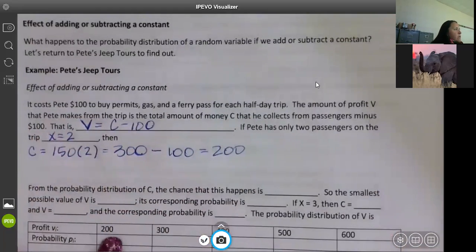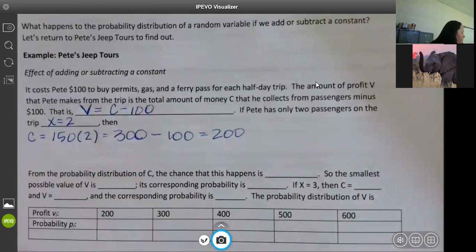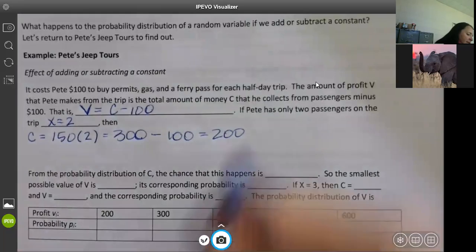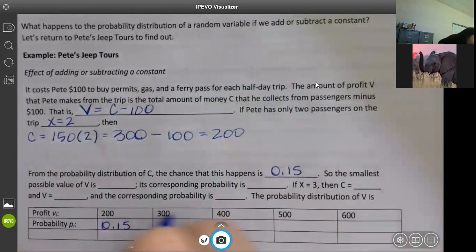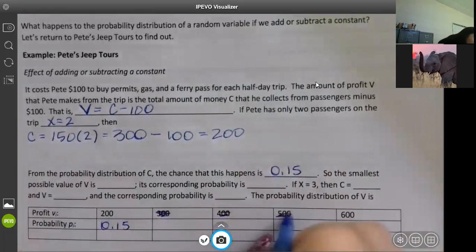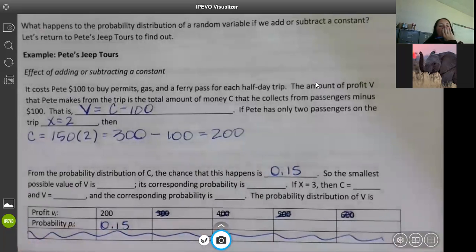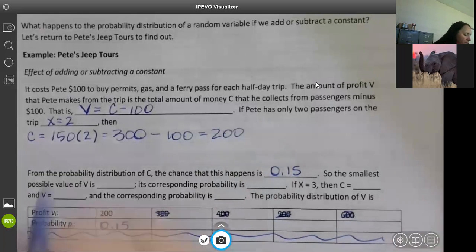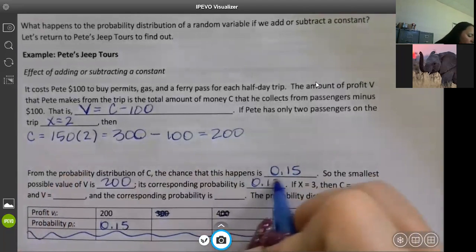This is the only number that's right. From the probability distribution of C, the chances still stay the same. These are not right. Don't look at them. This row is worth nothing. So the smallest possible value of V is 200. Its corresponding probability is 0.15.